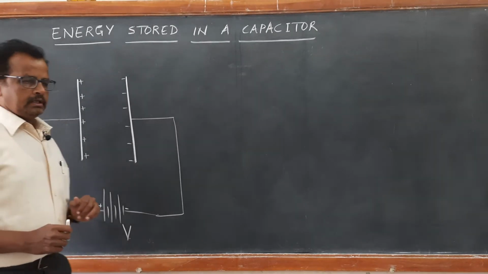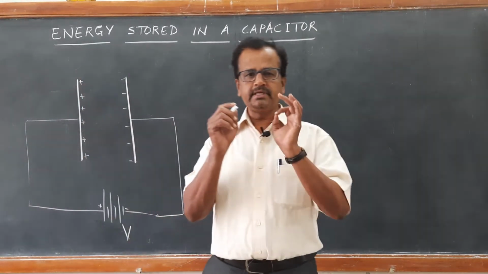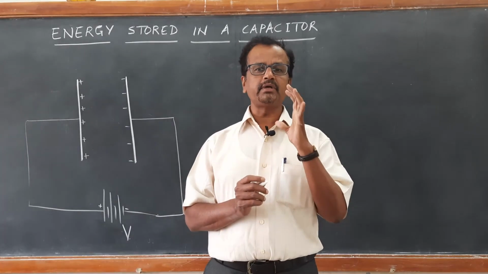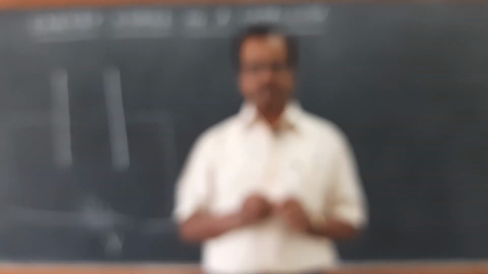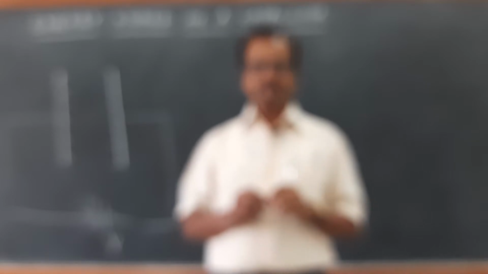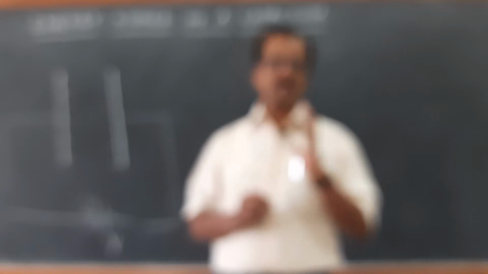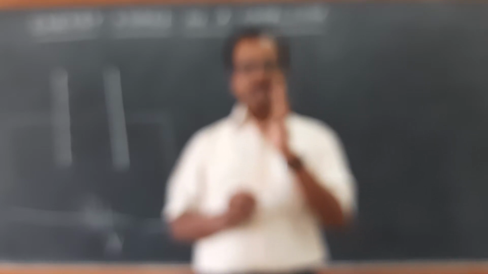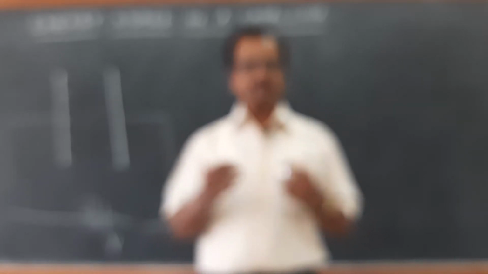Let us say that at some instant of time, Q dash amount of charge is stored, and V dash is the potential difference that is developed.